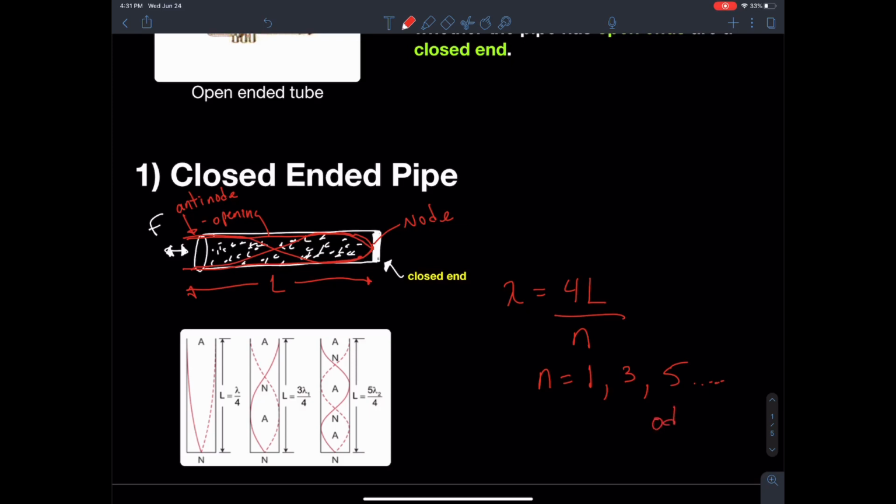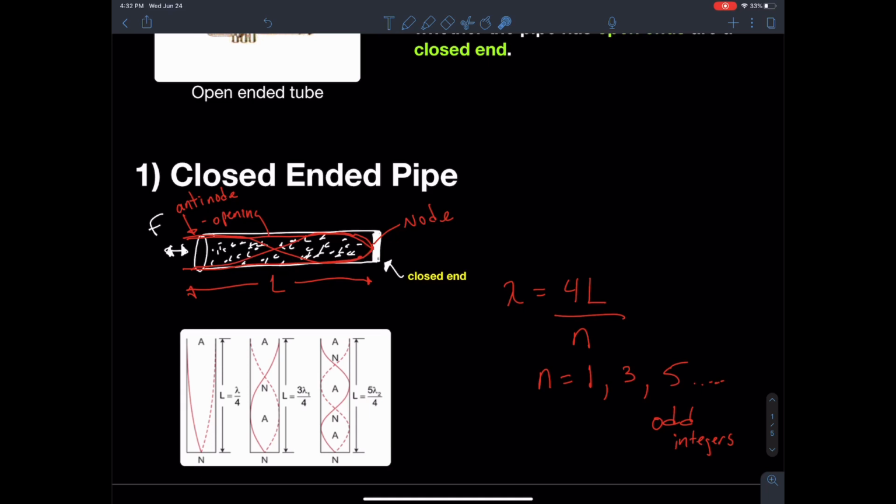They have to be odd integers, because that's the pattern that would fulfill the requirements, where an antinode is being placed at the open end of the tube and a node is being placed at that reflective boundary. Okay, so what can we do with this formula? I would be able to then start to calculate what frequency that tube is going to make. What frequency is that?